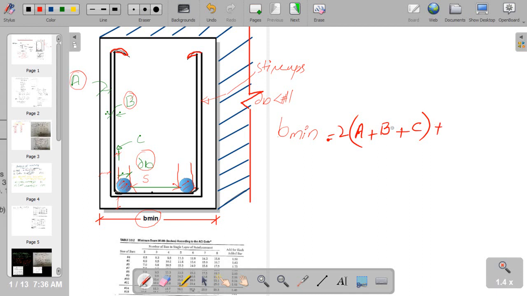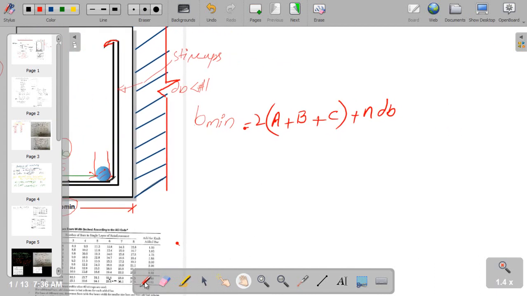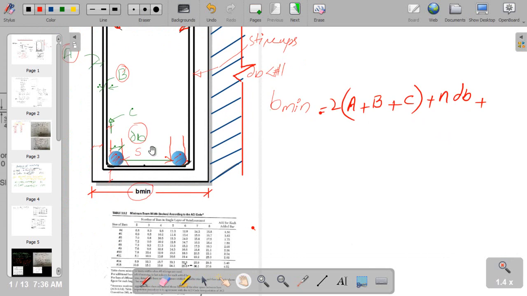Plus we have bars. Here we have 2 bars, but let's say we have n bars, so n times the diameter of the bar, then plus the spacing amongst the bars. As we see here, we have 2 bars, so we have 1 spacing.